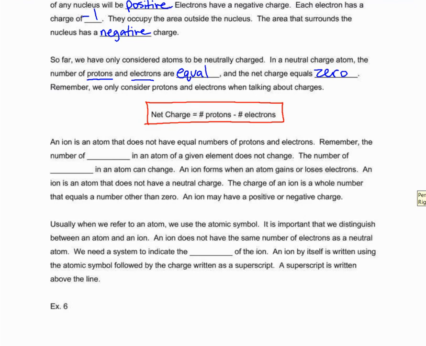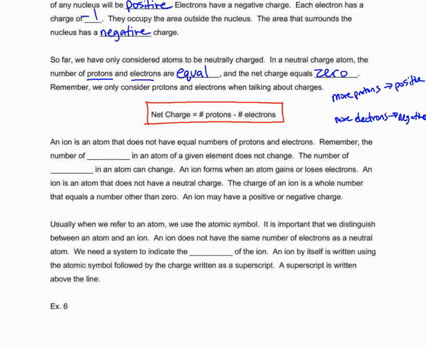In fact, it wouldn't hurt, let's write that down. Okay, it's kind of hard to read. More protons, positive. More electrons, negative.